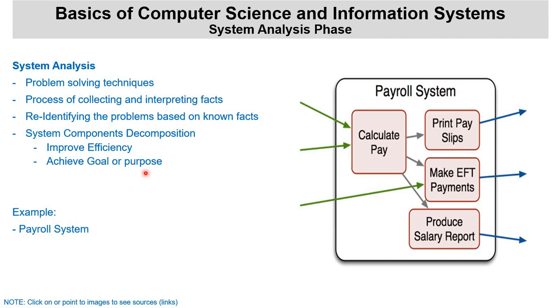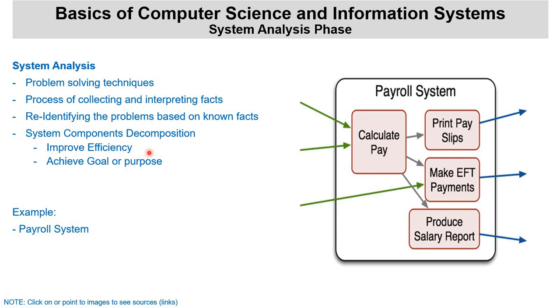So if you've identified the problem, the risks, the cost, and everything, you also need to follow problem-solving techniques to collect and interpret actual facts and the data which you've collected during your investigation. You need to interpret them and start mapping them to the problems you've identified and see whether these are in line with what you expect.